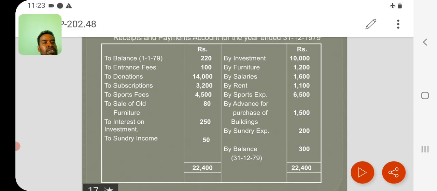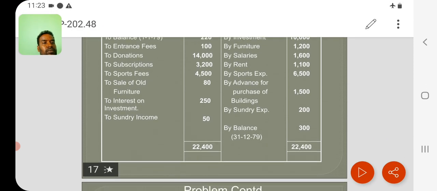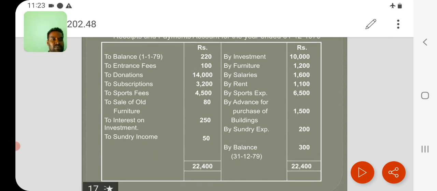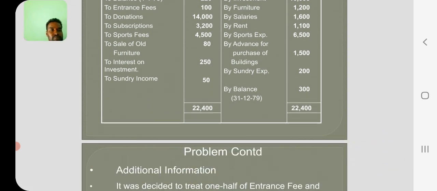By investments, capital item, it should not be recorded in the income and expenditure account. By furniture 1200, capital expenditure, it should not be recorded in the income and expenditure account. Salaries 1600, income and expenditure. Payment side, by rent is an income and expenditure revenue item.